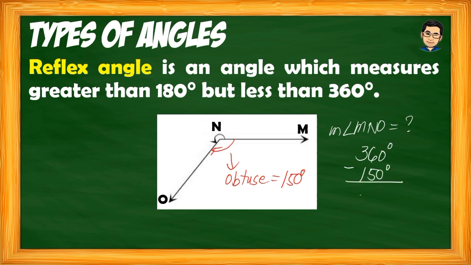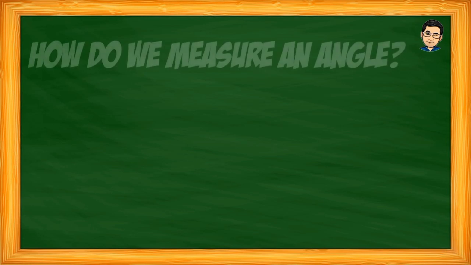So, that is 210 degrees. As you can see, 210 degrees, that is greater than 180 degrees but less than 360 degrees. Tandaan, i-subtract muna yung sukat ng angle sa 360 para makuha tong sukat ng reflex angle.